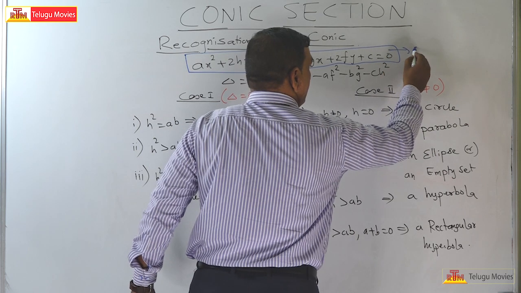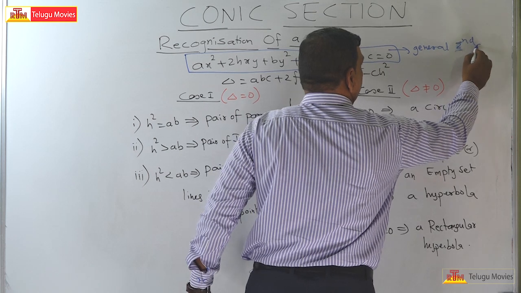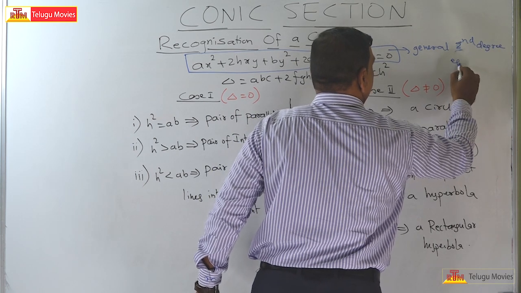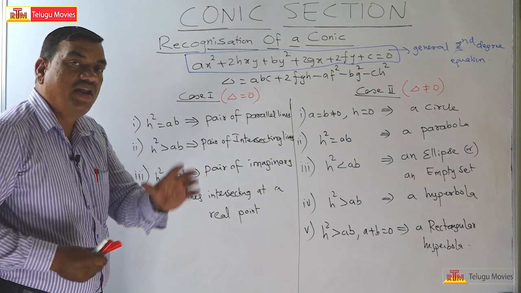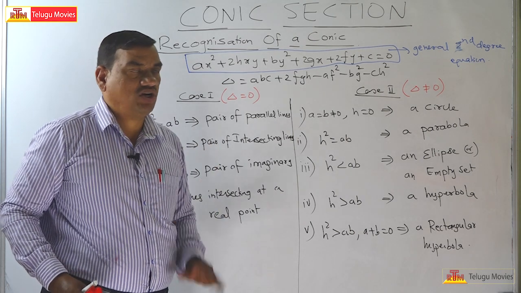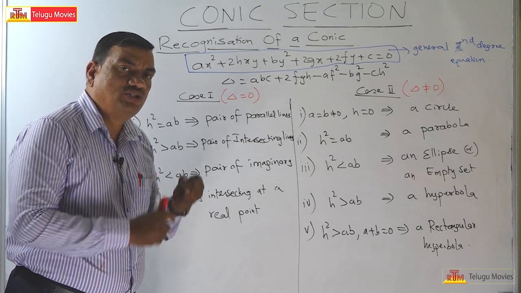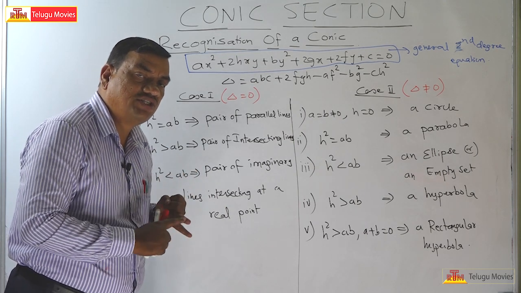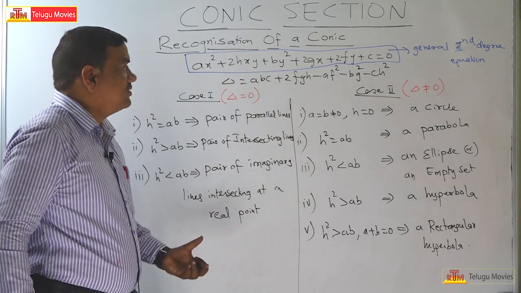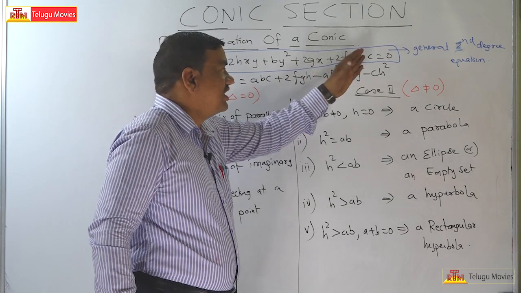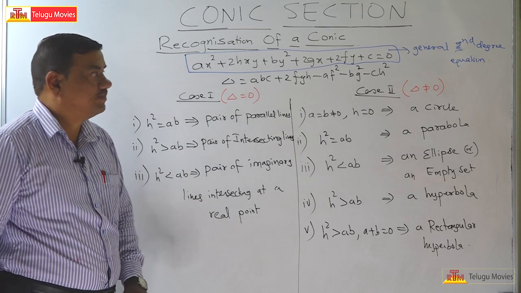This is called the general second degree equation in the variables x and y. General second degree means you have second degree terms, first degree terms, and a constant term. These three are second degree terms, these two are first degree terms, and the last one is a constant term. That is why it is called a general second degree equation.